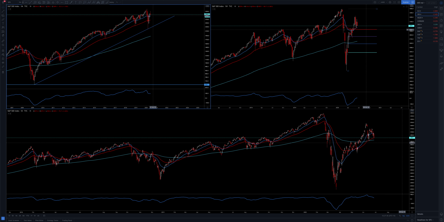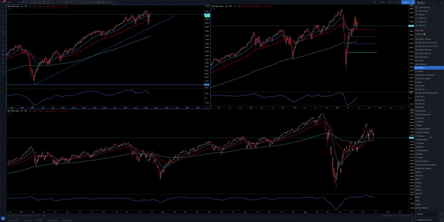This is a basket of the top 500 companies in the United States, and the top 6 affect this quite heavily, and you can see that here in the charts. You can see that the Dow Jones has broken through this weekly, but this still sits above it.